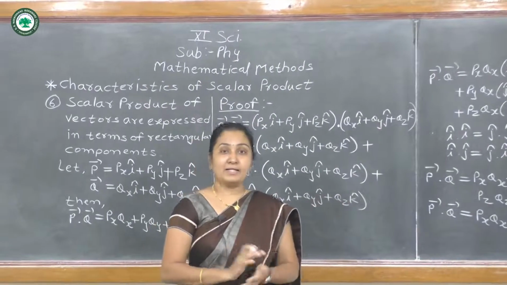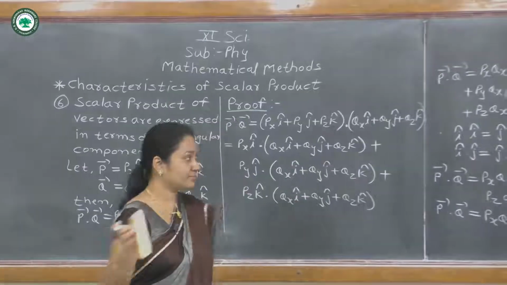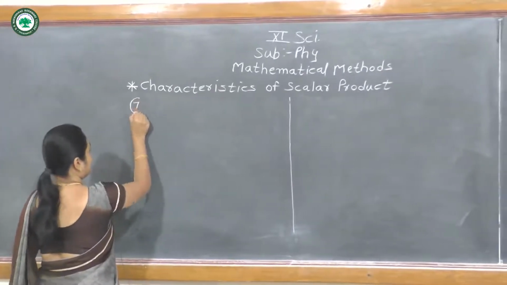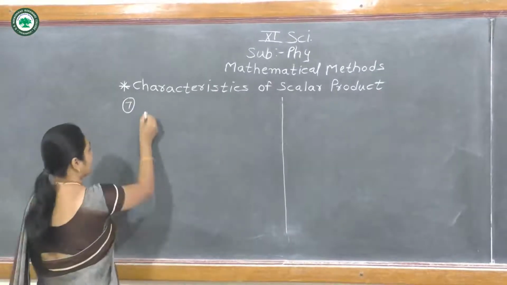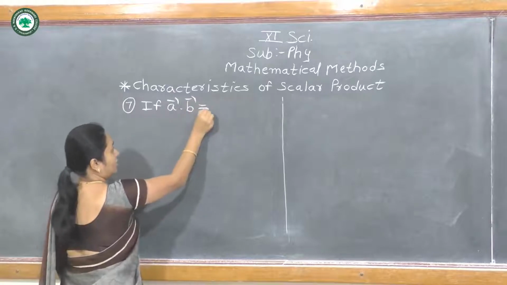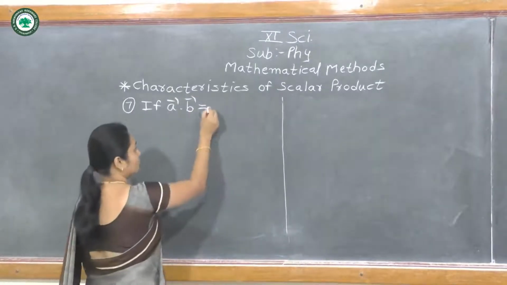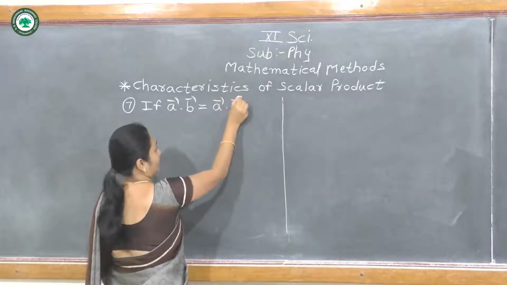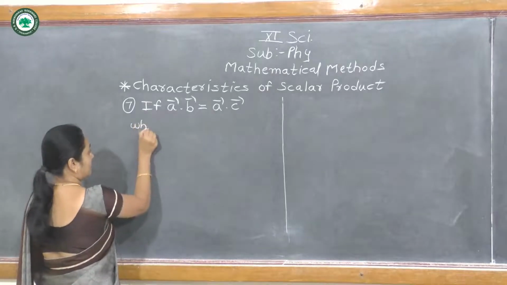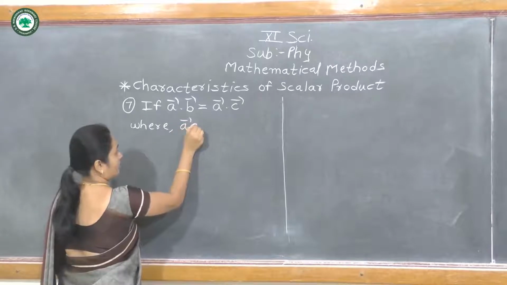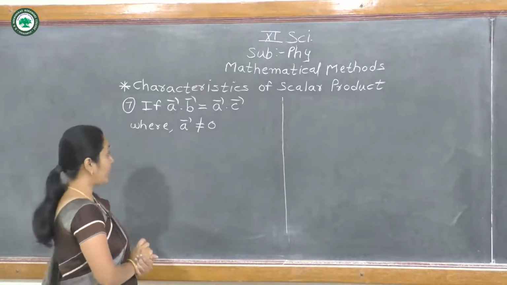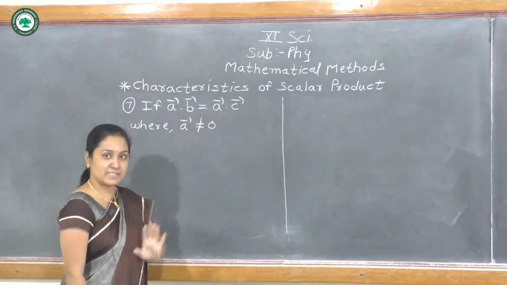Then the next is characteristic number 7. If a bar dot b bar is equal to a bar dot c bar, where a bar is not equal to 0, so we have three vectors a bar, b bar and c bar.